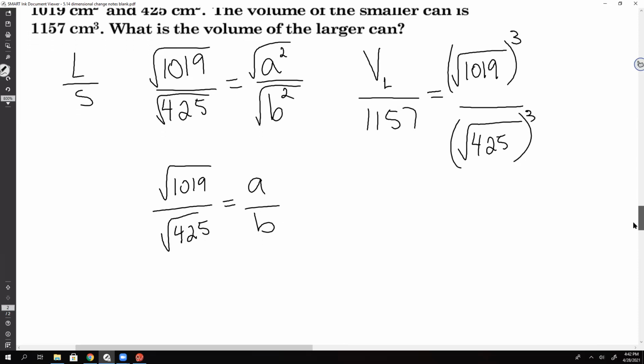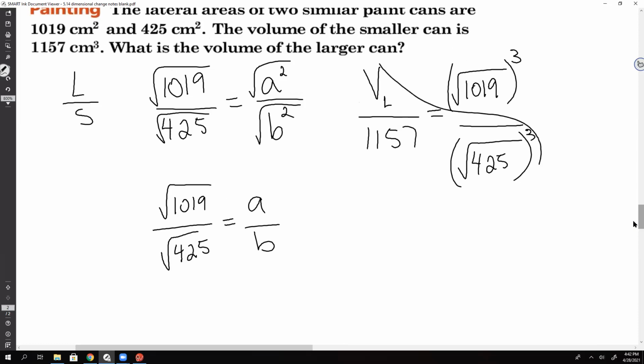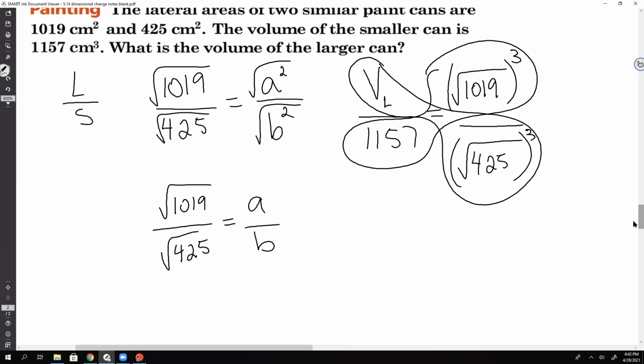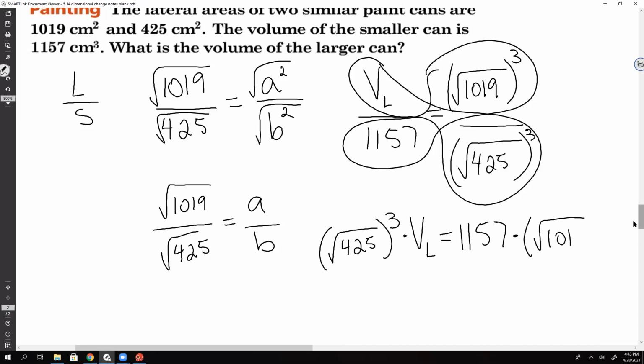So now I'm going to actually go through and multiply, and then we'll get our answer. We're going to do our cross products. Again, I know this looks weird, but if your numbers don't simplify nicely, you have to leave the square roots because otherwise you're going to get a bunch of error in there. The square root of 425 cubed times the volume of the large one is equal to 1157 times the square root of 1019 cubed.